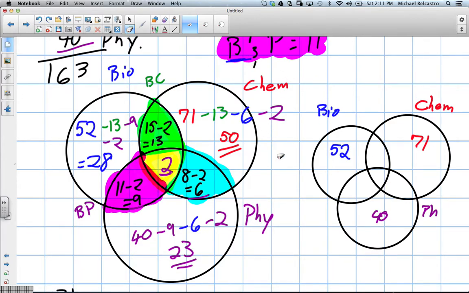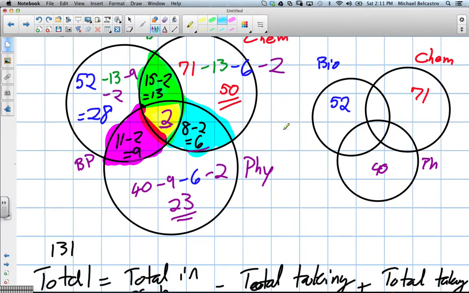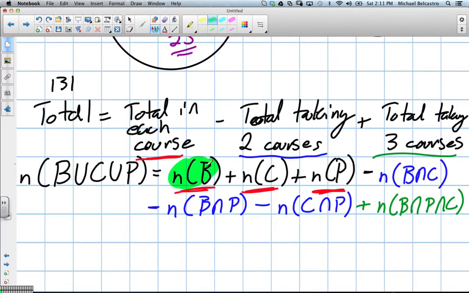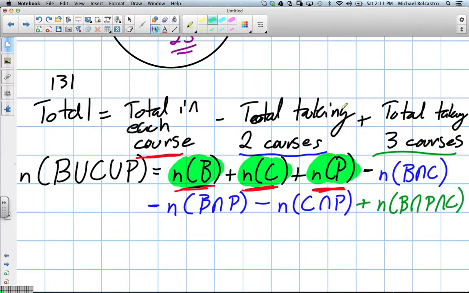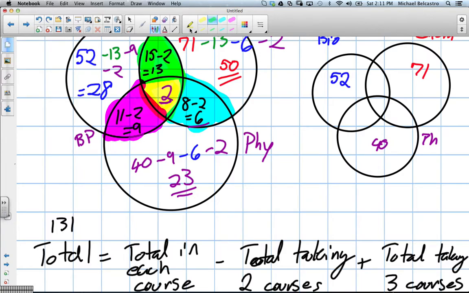So the next step here is they're going to subtract. I'll try to use certain colors for certain things. We'll use blue as a type of subtraction. Okay, so they've added, we'll say green, they've added number of people taking individual courses. And what ends up happening here is this part stays green, because we've added these guys.